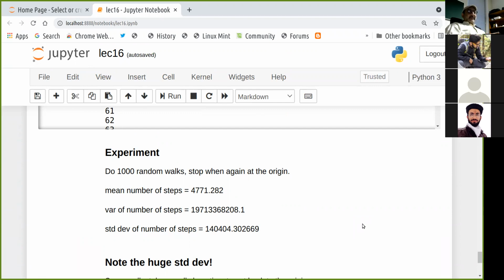I found that on average it took about 4,800 steps, and you get an enormous variance and standard deviation. There are walks which take a huge number of steps before you get back to the origin.